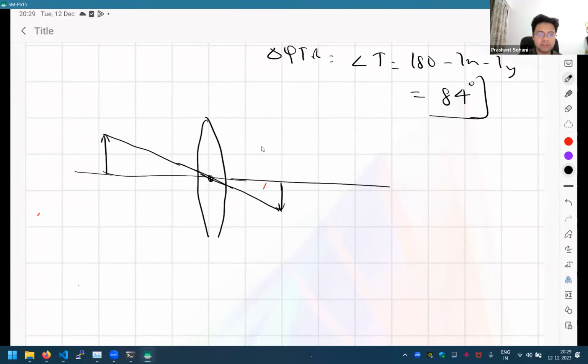The equations don't really change that much. Here if I call this SO and SI, instead of DO and DI, DO and DI refer to the distances from the lens, SO and SI can refer to the sizes of the image or size of the object. But the equation is going to be exactly the same: 1 upon SO plus 1 upon SI is equal to 1 upon f.